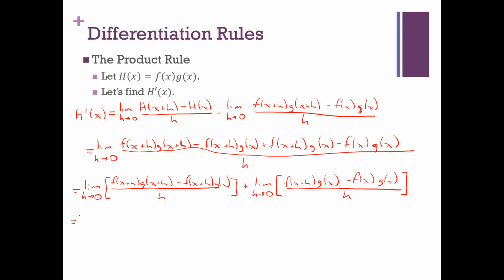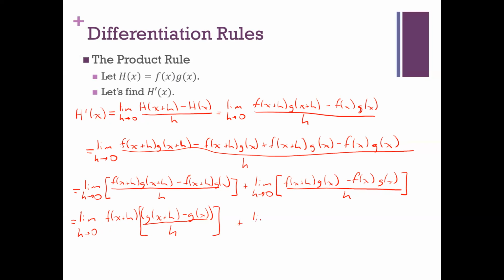Now, with each one of those, is there something I can factor out of the numerators? Yeah, so in the first one, I can factor out F of X plus H. And that leaves G of X plus H minus G of X, all over H. In fact, I want to really keep those apart.